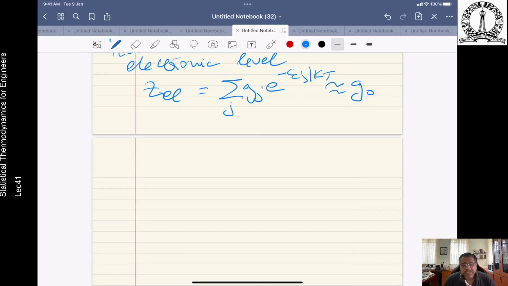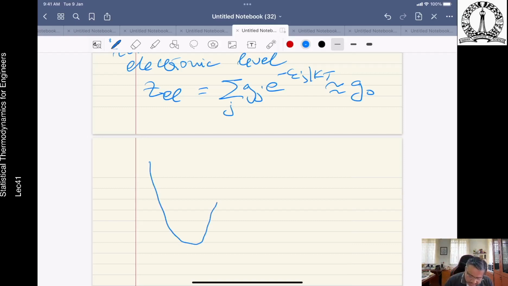So any substantial electronic contribution demands adherence to a consistent zero of energy, which we already discussed and will discuss now. The zero of energy for a diatomic molecule can be set either at the minimum of the Morse potential, defining the ground electronic state, or at the ground vibrational state within this particular Morse potential.